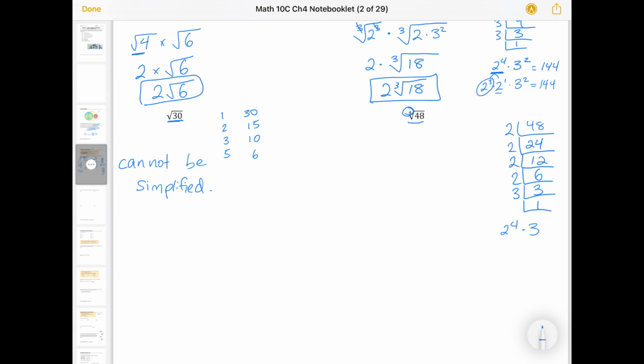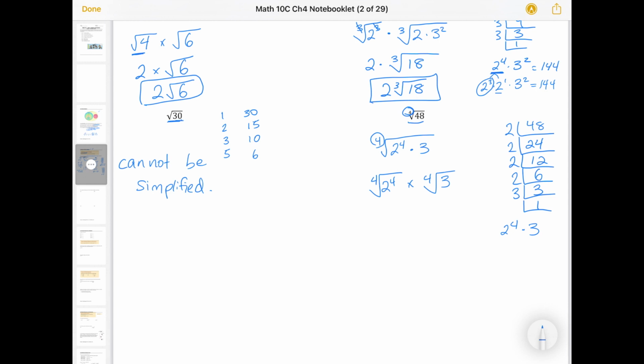All right, this is perfect. I've got my index of 4. So I have the 4th root of 2 to the 4 times 3. Again, I break it up over that multiplication symbol. So the 4th root of 2 to the 4 times the 4th root of 3. Don't lose that 4 index.